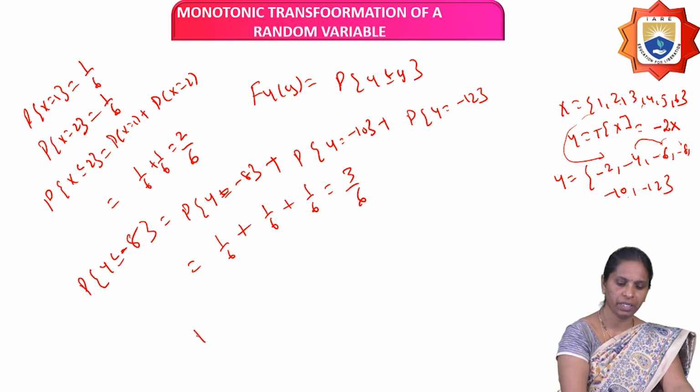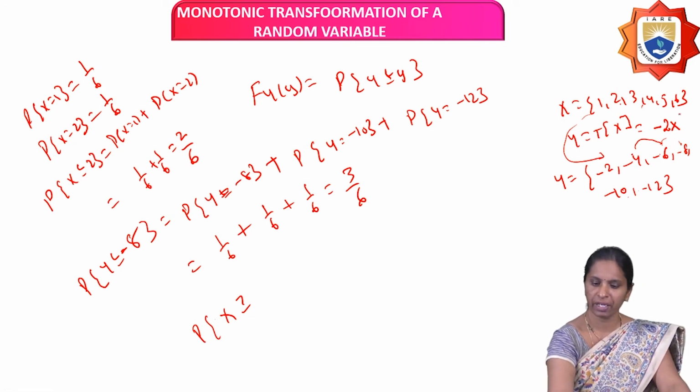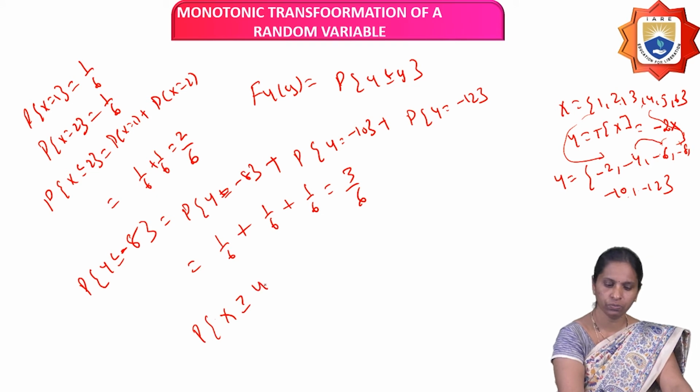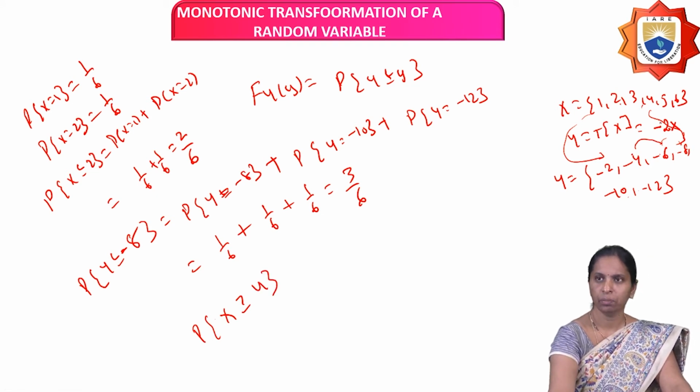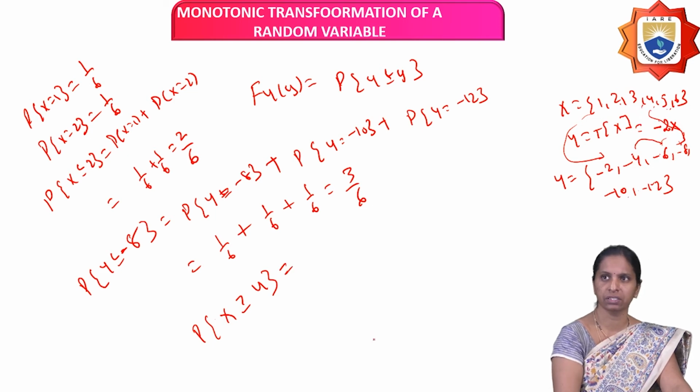Now, Y is less than or equal to minus 8. Minus 8 represents what? 4. So I take the probability that X is greater than or equal to 4, because minus 8 corresponds to 4, minus 10 corresponds to 5, and minus 12 corresponds to 6. Therefore I have to take the probability that X is greater than or equal to 4, not less than or equal to 4.